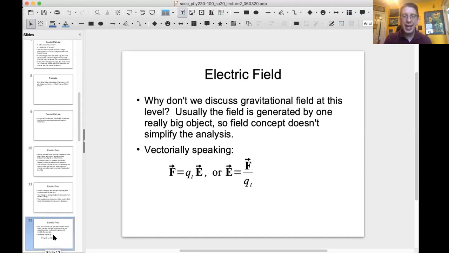If the test charge is positive, the electric force and the electric field vector will point in the same direction. If the test charge is negative, the electric force and electric field vectors will point in the opposite direction. That's important to keep in mind as we move forward, both in this chapter and in the next couple of chapters.